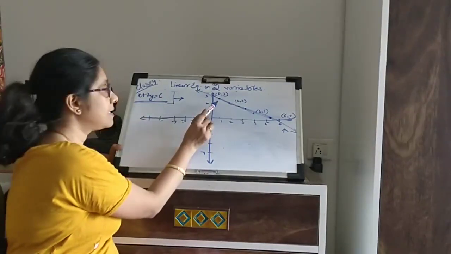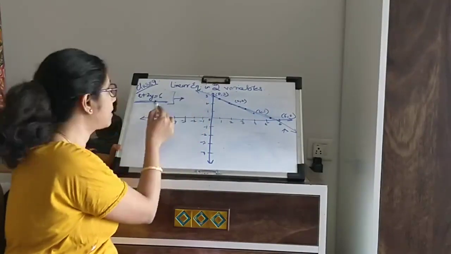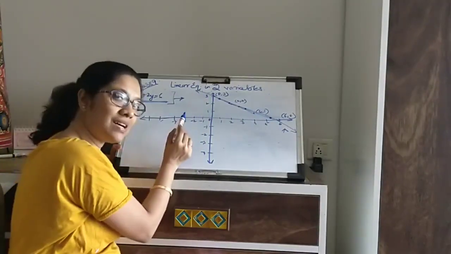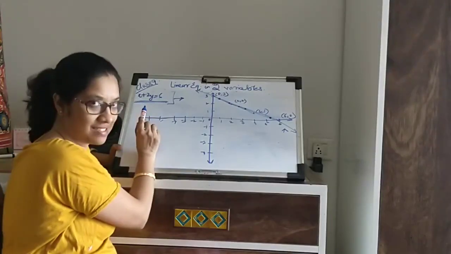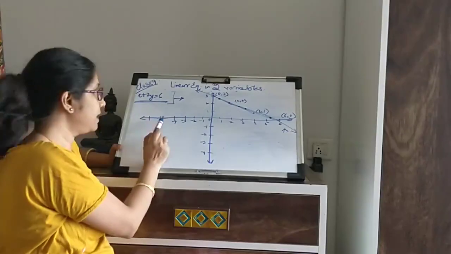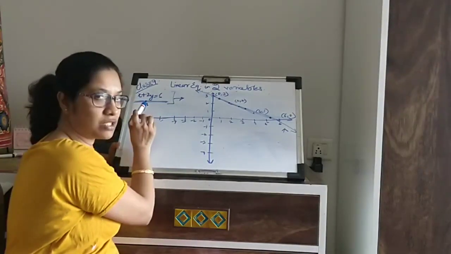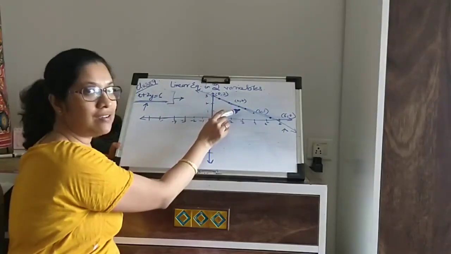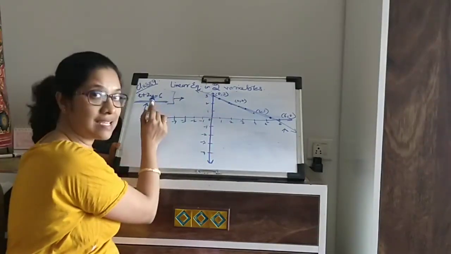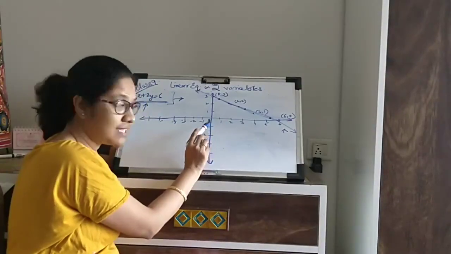Any point that is lying on the straight line that represents the equation is also a solution of the equation. Right? Secondly, any solution of this linear equation will lie on the line that represents it on the xy plane. Good?